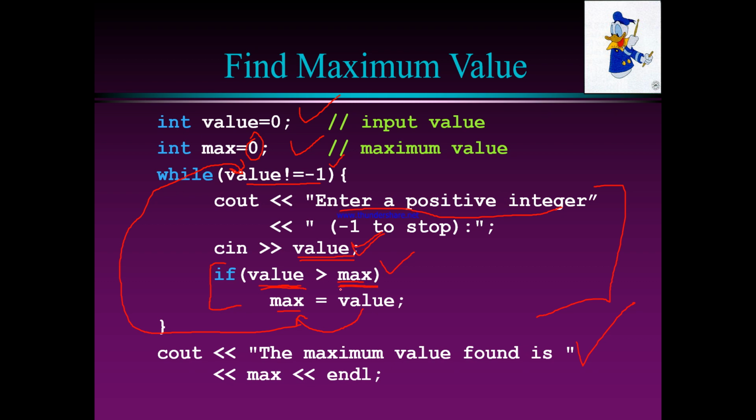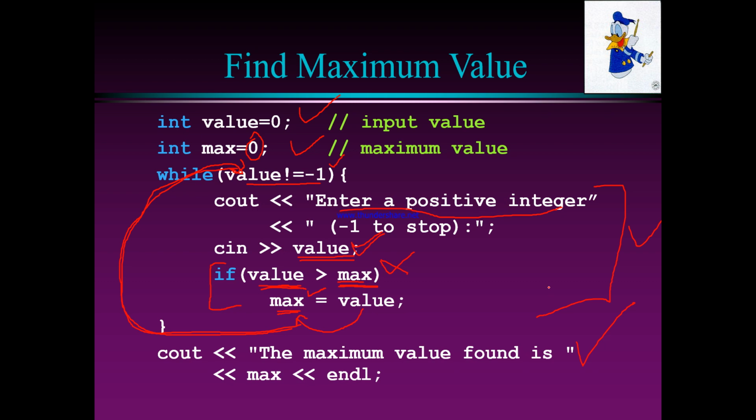No. So the maximum will remain the same because the condition becomes false, the same as the previous value, which was 2. But the execution will come again to the condition where the value is -7. So -7 is not equal to -1. Yes, so the condition becomes true and the body will be executed.